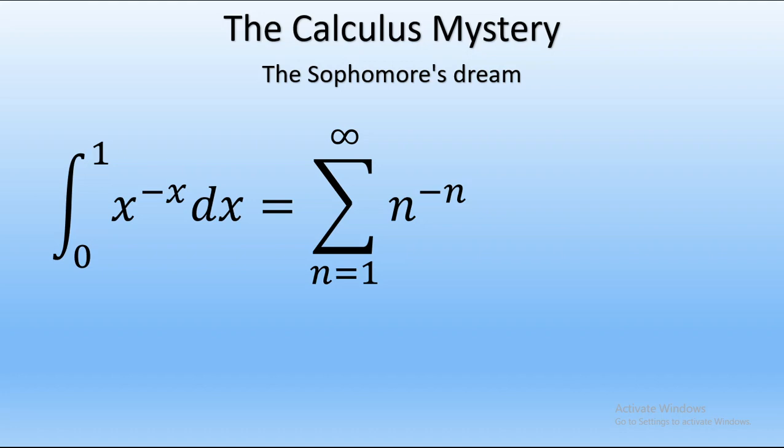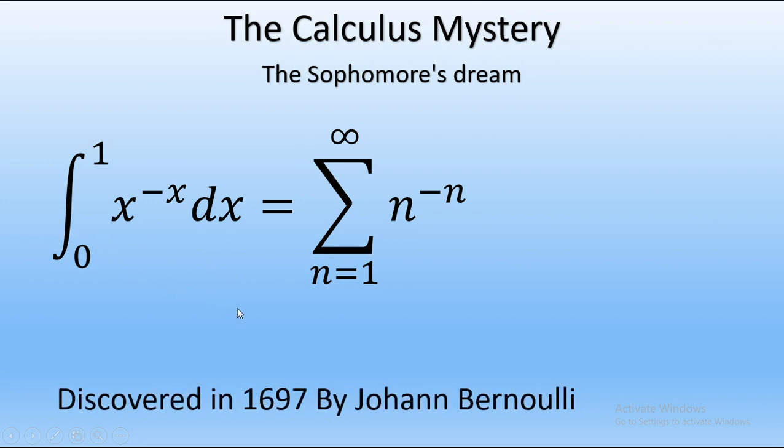The area under the curve x raised to the power minus x is the same as the sum of the function. So it's quite amazing that after doing the integration we are getting the same function. This is one of the most amazing and mysterious parts of this integral, discovered in 1697 by Johann Bernoulli.